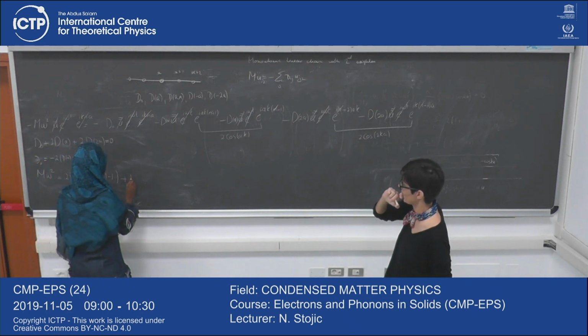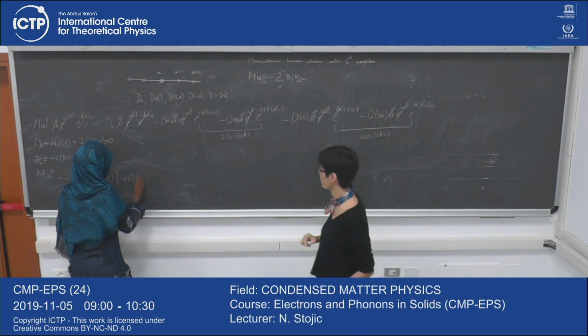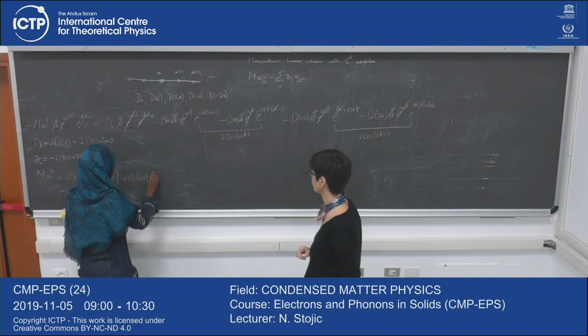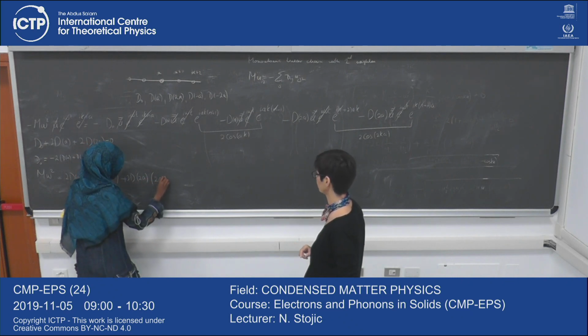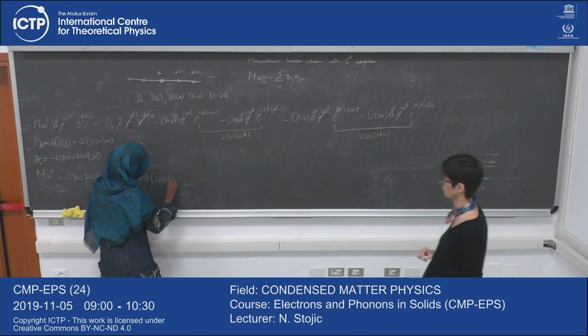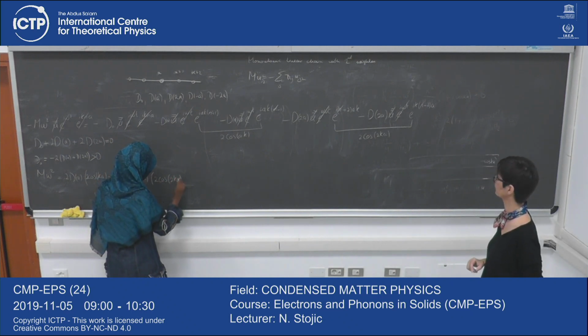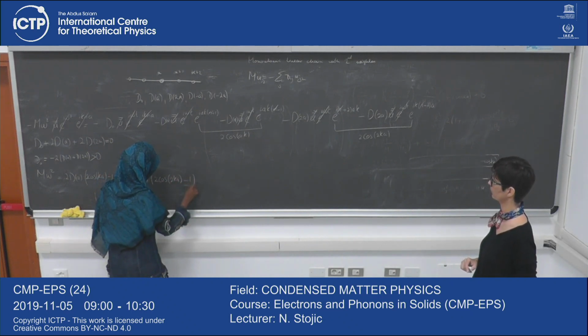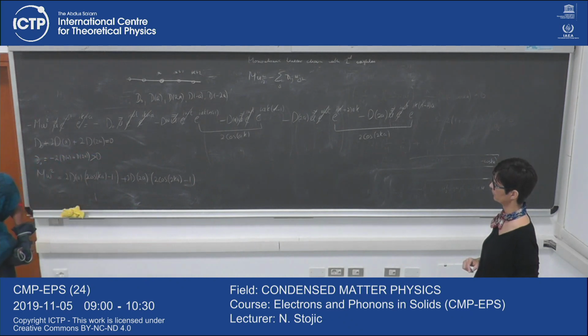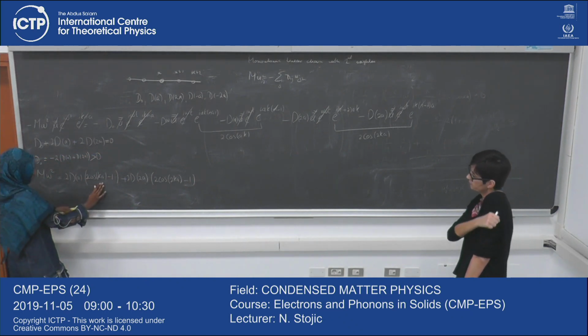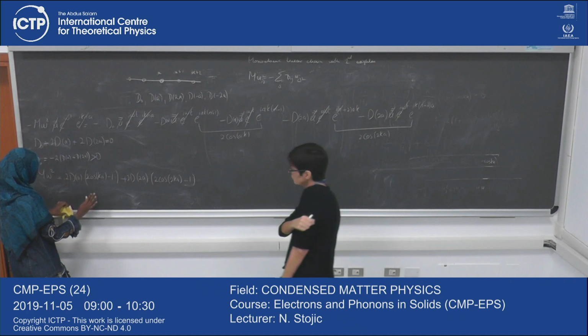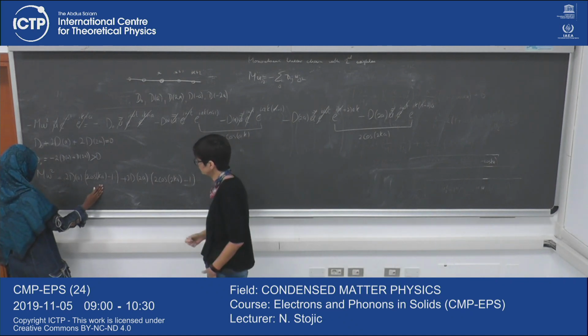Plus then this one 2d of 2a, and we'll have again 2 cosine 2ka minus this minus 1. And this is cosine square 2ka, sine square ka over 2.